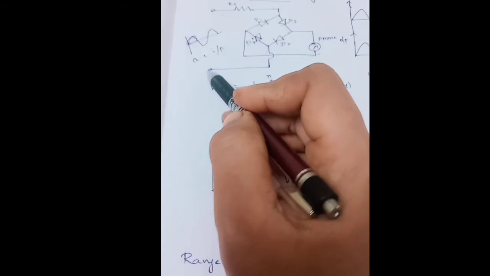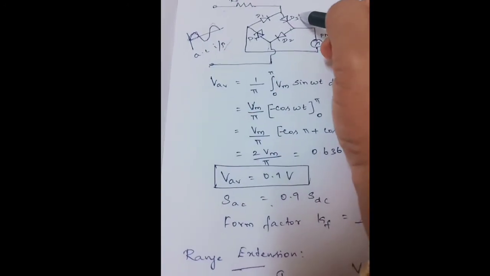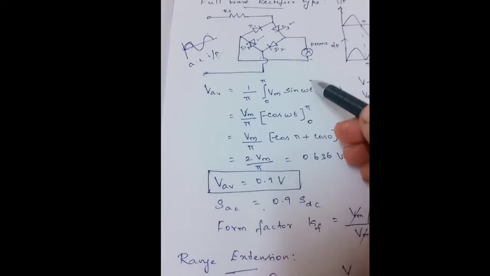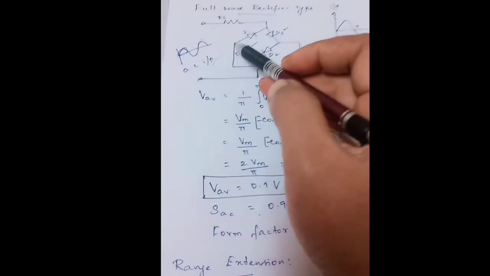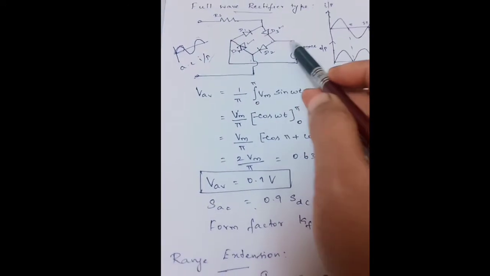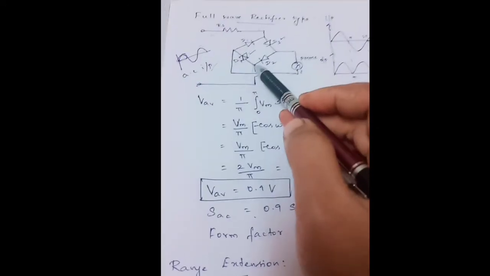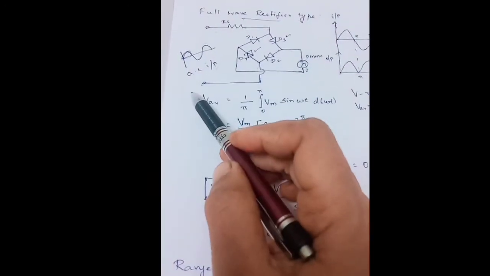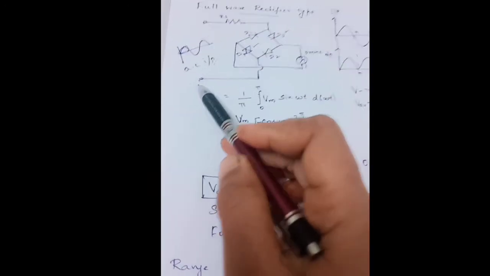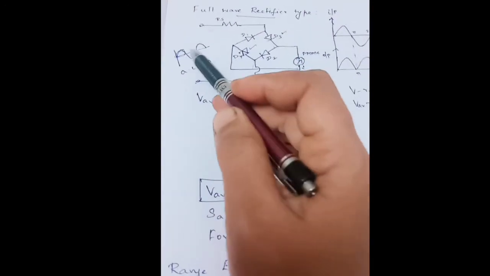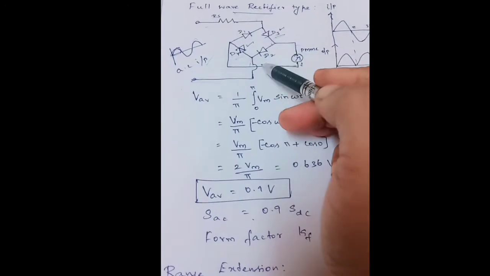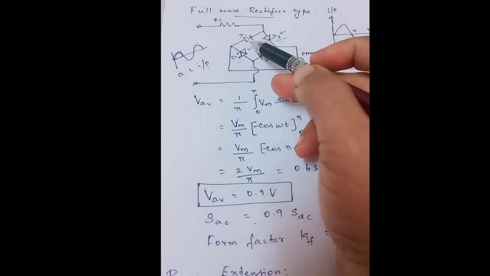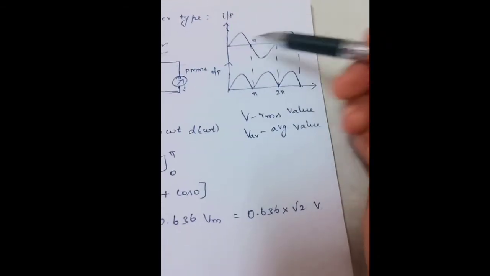So for the positive half cycle, diodes D3 and D4 will be conducting, and during the negative half cycle the current enters through D1, then goes to the PMMC instrument, then goes to diode D2, then goes back to the input here. So the output waveform will be like this.